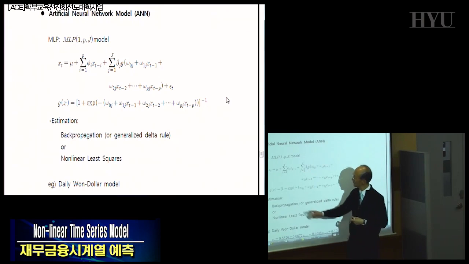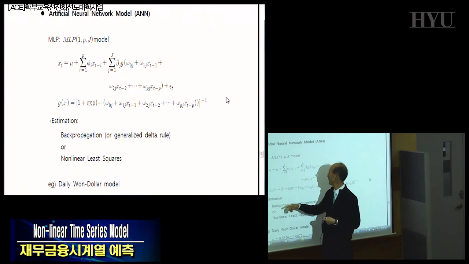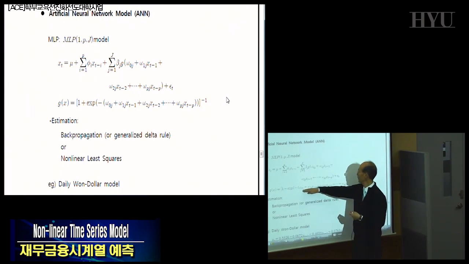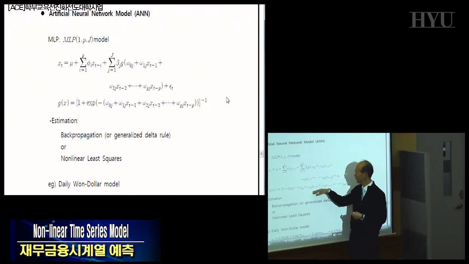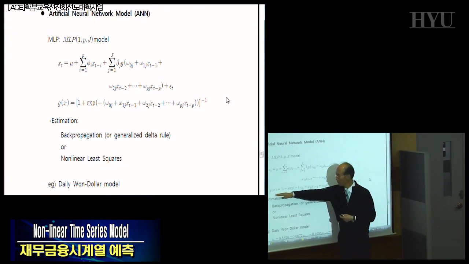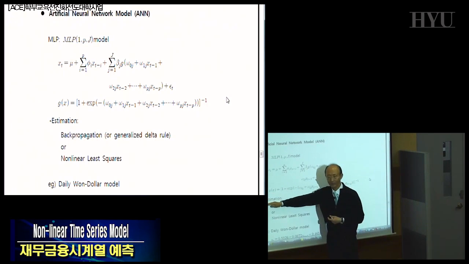This one creates a value g of x, and a different combination will create another g of x. So suppose there are several g's. And then you can use those g's as inputs to create another g.